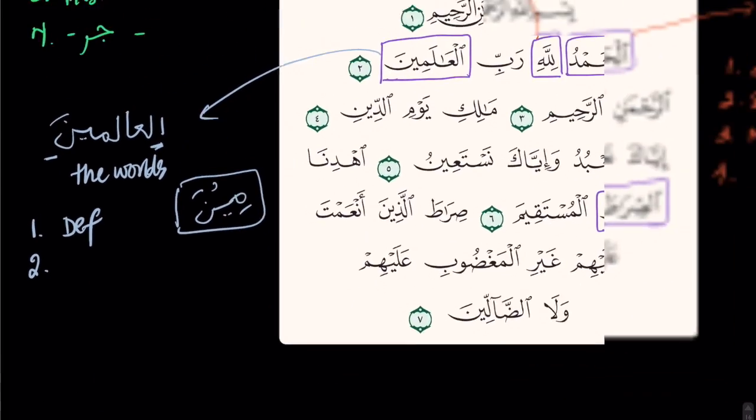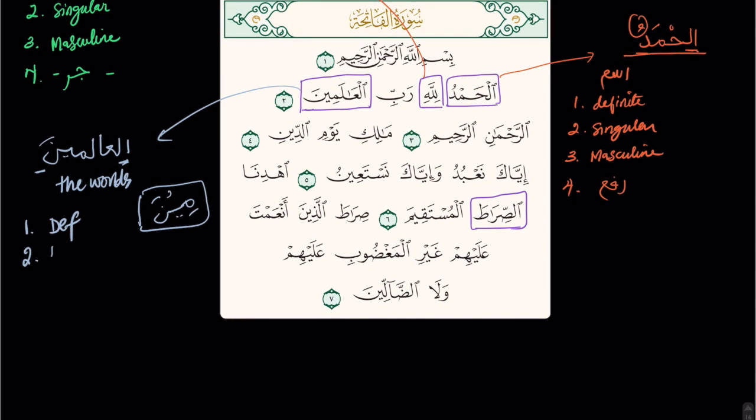So we know that it is masculine, we know it is plural because of this ina ending, and it is either nasab or jar. So right now we will just leave it at that. It's either nasab or jar.